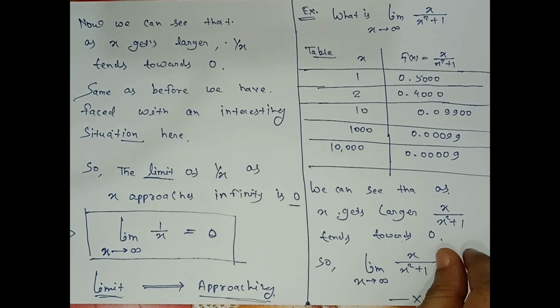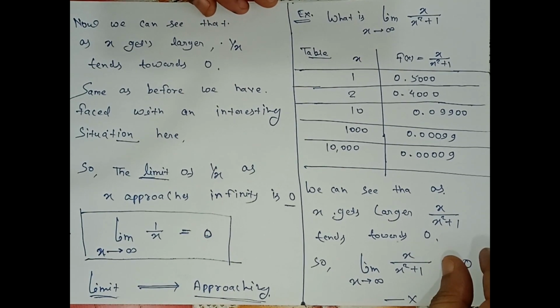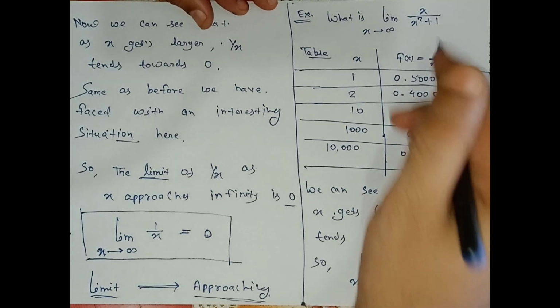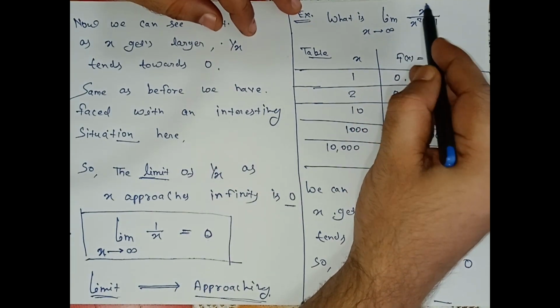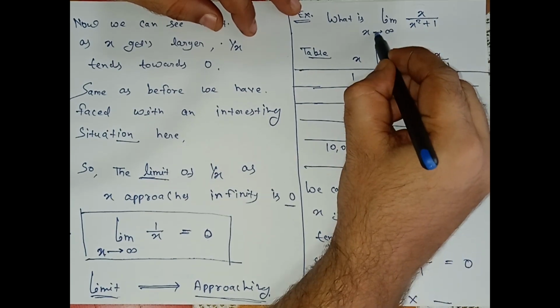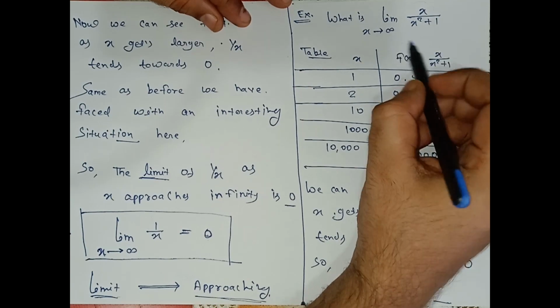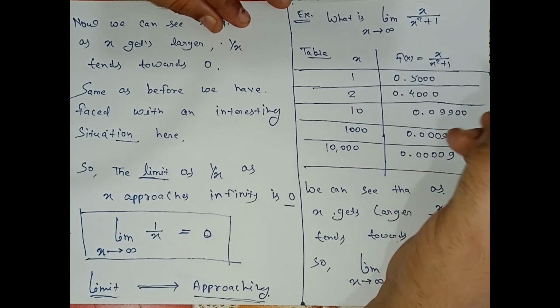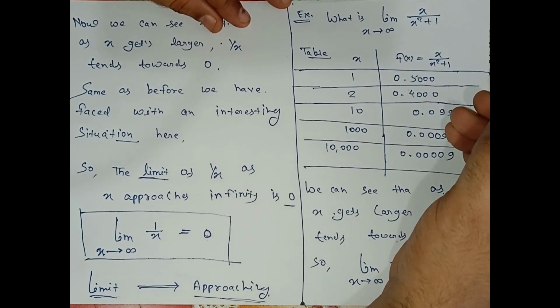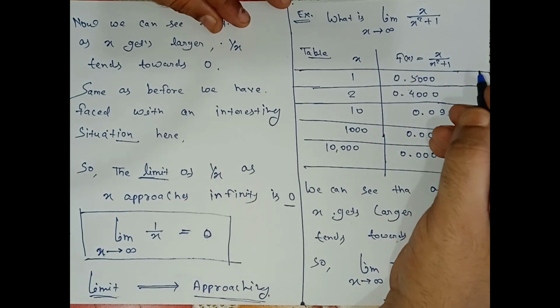Now we are going to understand this more with the help of one example. Suppose you have a function x upon (x square minus 1), and you want to find the limiting value of this function as x approaches infinity, that is, x is a very, very large number.